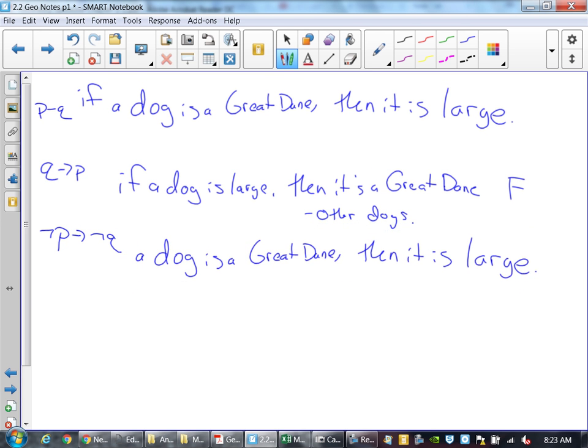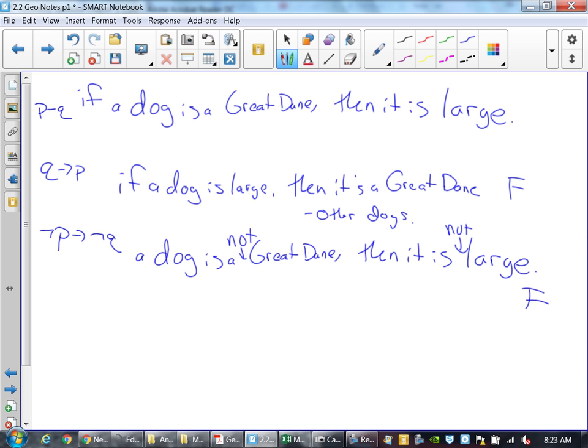It's the same. I just copied and pasted that onto the board because I didn't want to write it out. All I did is put the word not in there. That means it's still false. True or false? Still false.